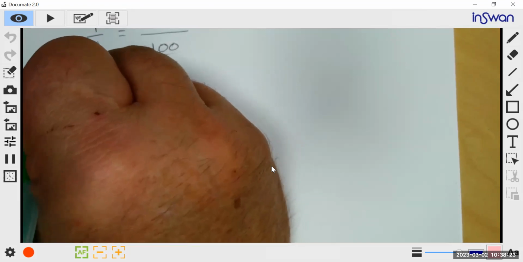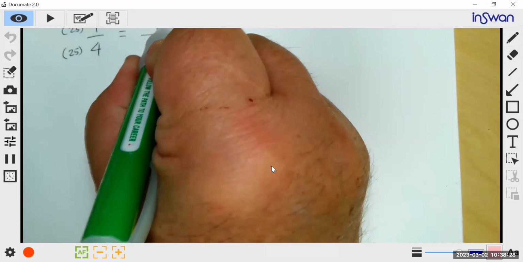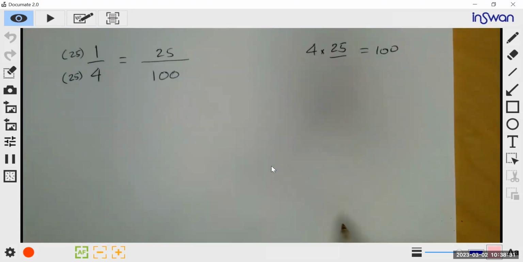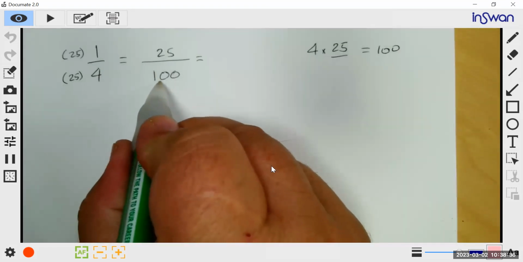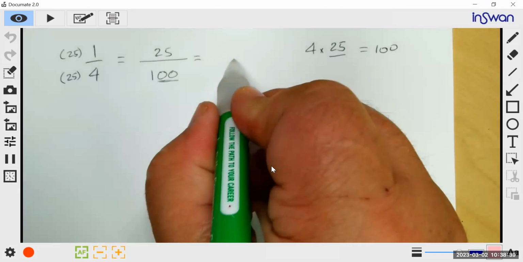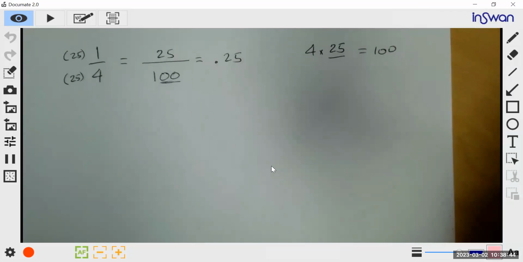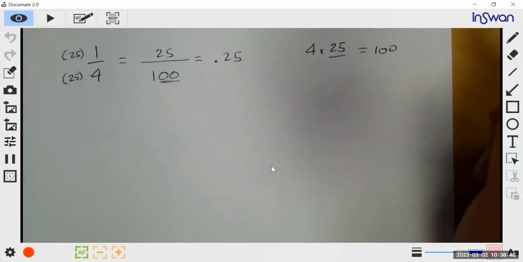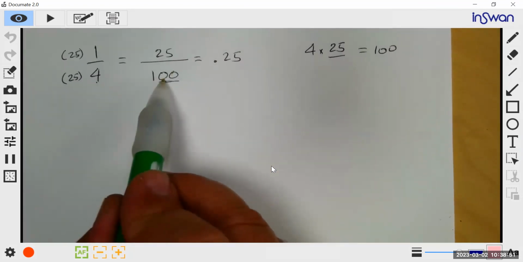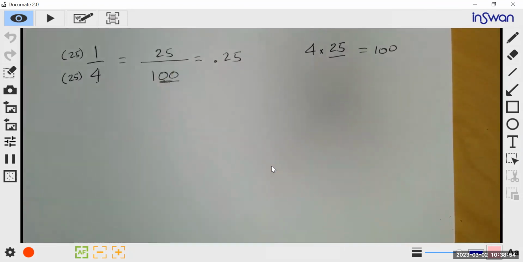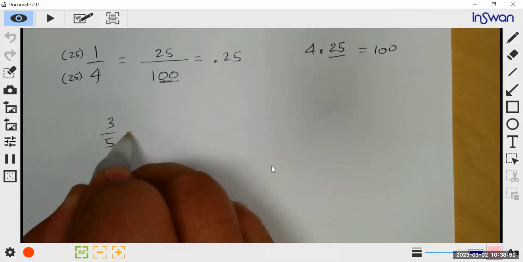So if I multiply the top and the bottom by 25, I get 25 over 100. Since it's over 100, I move the decimal 2 places to the left, and I get 0.25. So you don't have to do the division, you could just do the multiplication. Get the bottom number to be 10, 100, 1,000, or whatever, and then multiply top and bottom. Now 3 over 5.